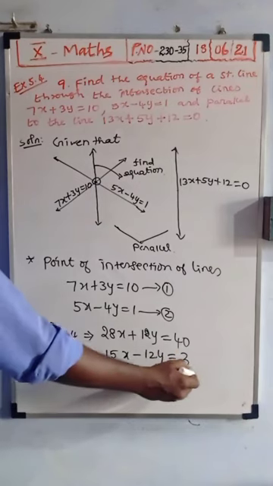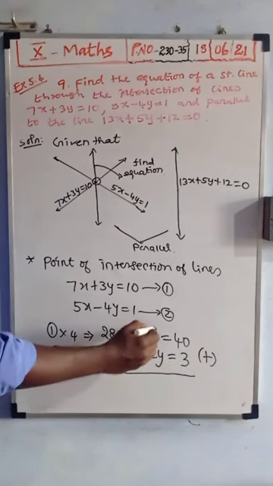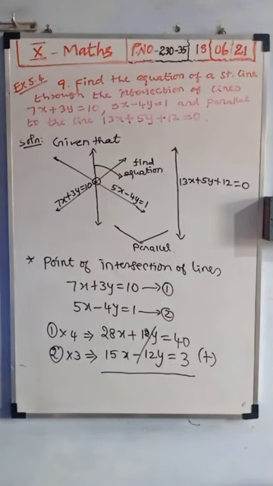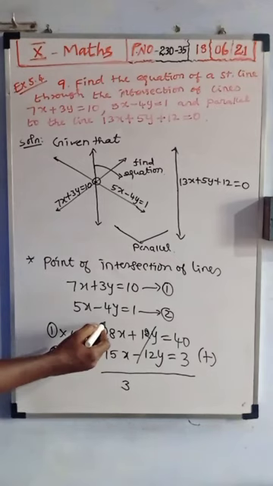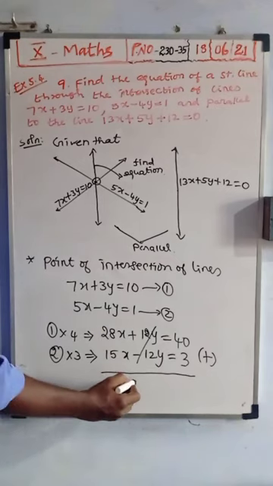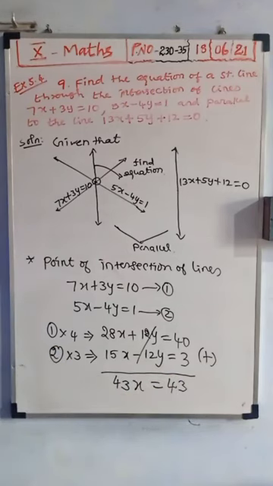Both sides you multiply. Now add these two equations: plus 12y minus 12y gets cancelled. 28 plus 15 is 43, remaining 40 plus 3 is 43. So 43x is equal to 43.